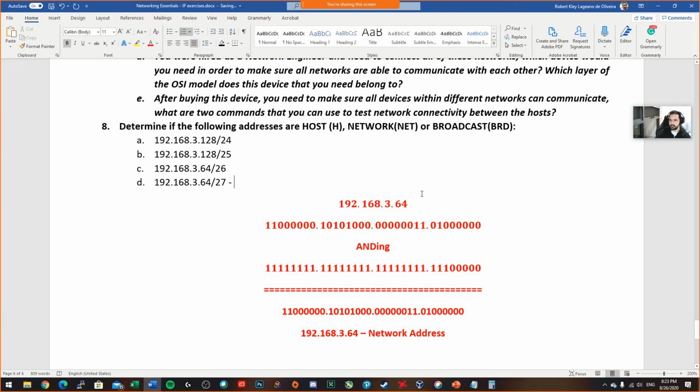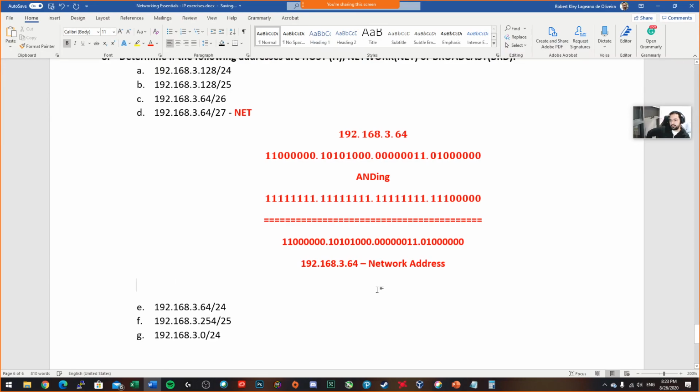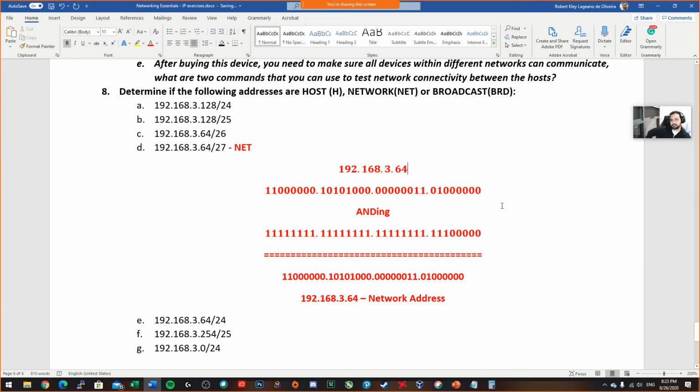Because if it was a zero or 255, it would be a subnet mask or a broadcast. So it's a network address because you don't use the 1 and the 255. Is that correct?